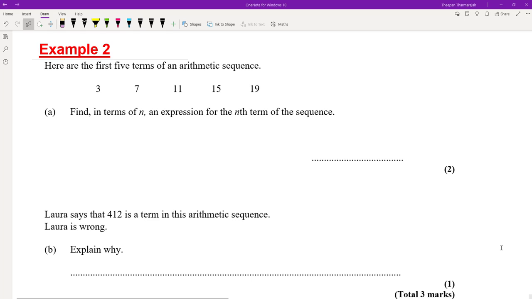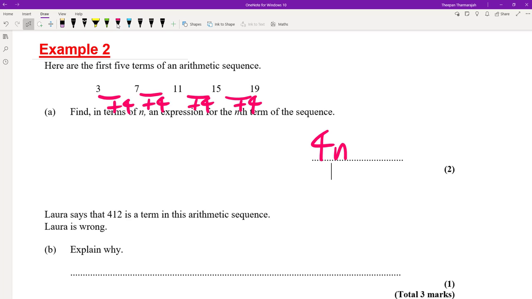Here's another example. The question says we've got 5 terms of an arithmetic sequence. Find the nth term of the sequence. In this case, we're adding 4 every time: plus 4, plus 4, plus 4, plus 4. So we write 4n.